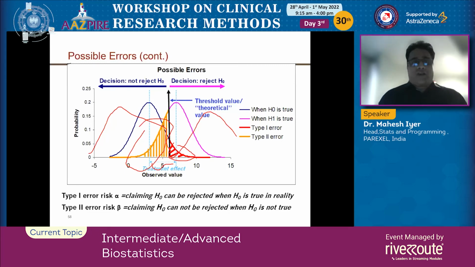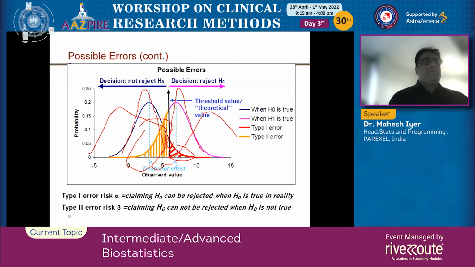These curves become thinner and taller. So this curve now becomes like this. This other curve becomes like this. Because as my sample size increases, my variability decreases. So the curves become thinner, and I can still control my type 1 and type 2 error, alpha and beta.